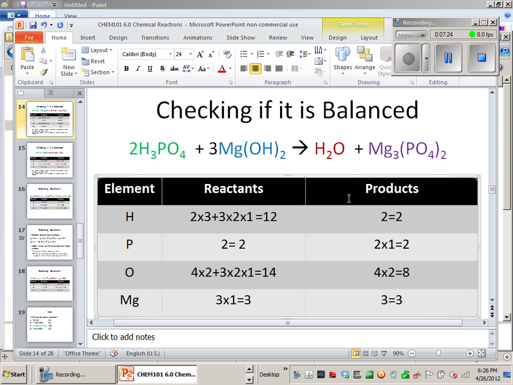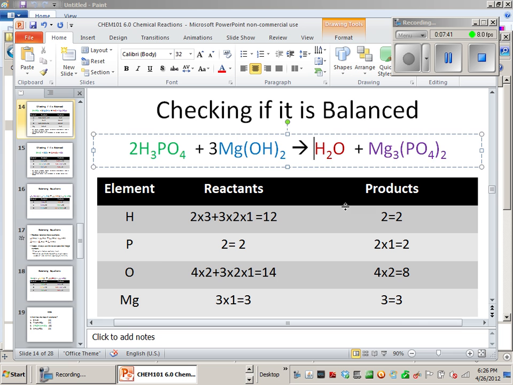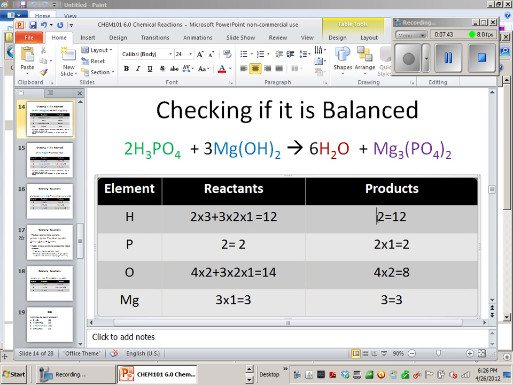So if I have 12 H's in the reactants, and I want to get 12 H's from the water, how many waters do I need? 6, right, because I want to get 12 total, so that's 6 times 2. If I have 6 waters, that means that I now have 6 times 1 oxygens from the water.